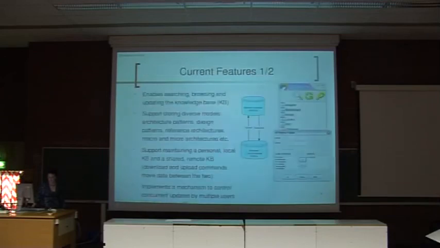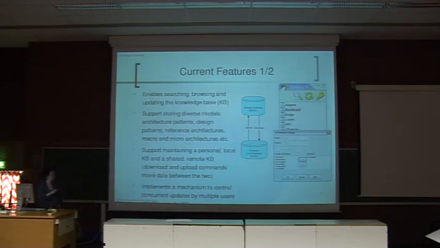So a little bit about features of the tool Stylebase for Eclipse. It's essentially a tool for maintaining a knowledge base. There is a remote database and a local database which can store diverse architectural models. These models can be architecture patterns, design patterns, reference architectures, macro, micro architectures, for example.